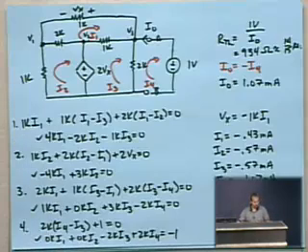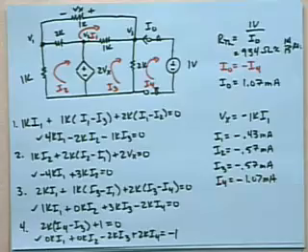Just one last thing to go through in terms of the solitary dependent sources, and I think we should be able to get this done and maybe send you out early. Here's another one just to show you what it looks like to hook up a current source instead of a voltage source.